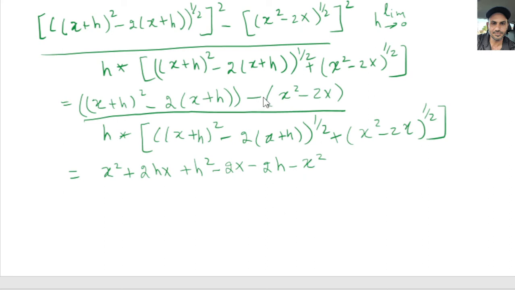And negative 1 multiplies with negative 2x, it becomes 2x. Remember, when there's only a negative sign outside the parentheses, that means there's a 1 there, okay?